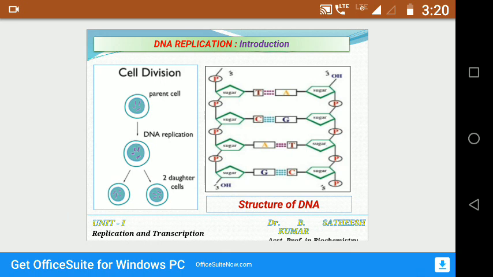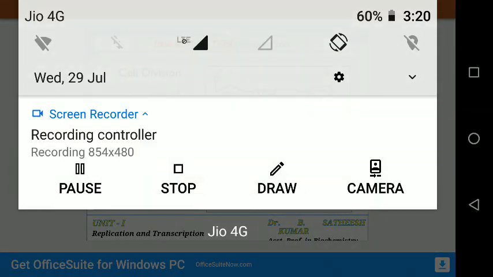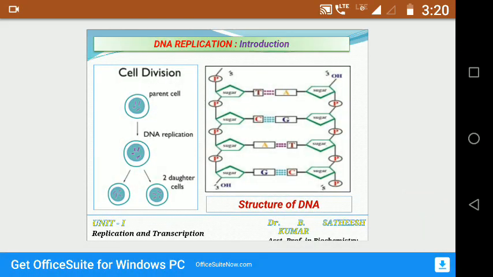So what is DNA and what is RNA, and what is the structure of DNA, and what are the different types of RNA molecules, all you have studied in the second semester. The knowledge of double helical structure of DNA is a prerequisite to understand the replication process. So that is why I will explain briefly about the structure of DNA.